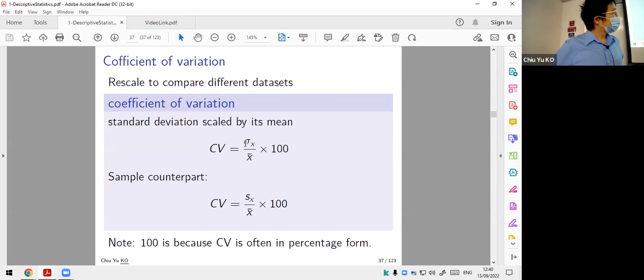You are trying to compare the case where one class has full mark 100, another has full mark 50, and compare the variance of two data sets. That's the way, because you don't want to be affected by the mean of the data, right?